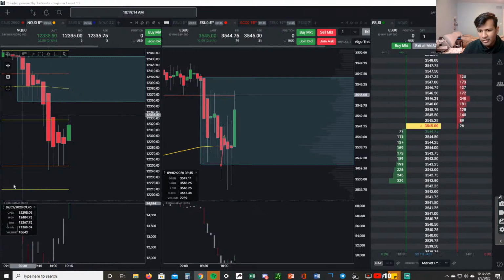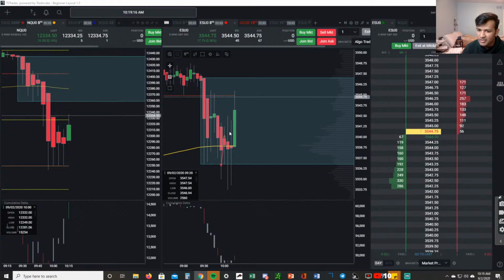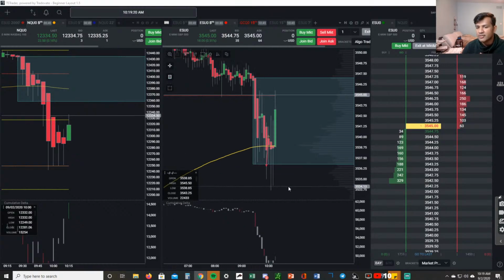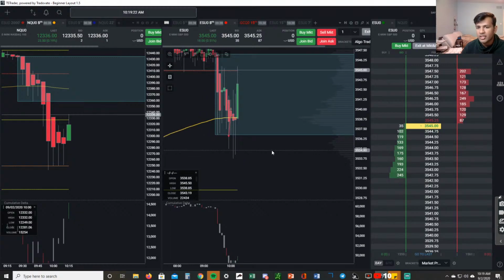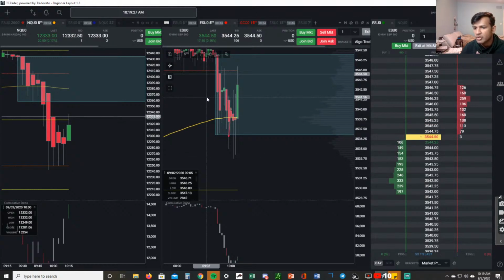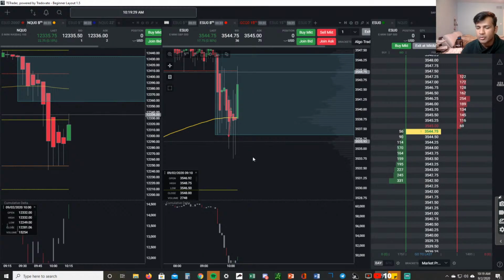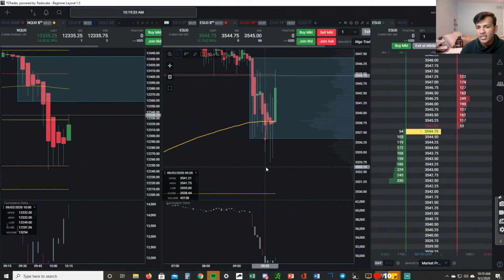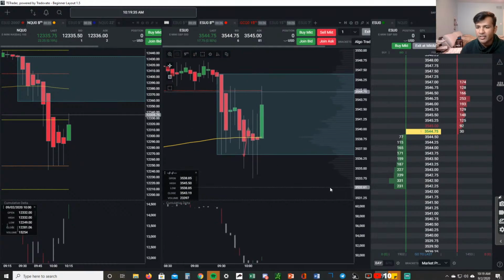Because you know how you'll have higher wick candles like this? These candles will take you out unless you have a defined stop loss, right? That's why a lot of people place their stops based on price and understanding where high volume nodes are, as well as good resistance points, because they don't want price to get up there. But I don't want to advise you on something that I don't use.